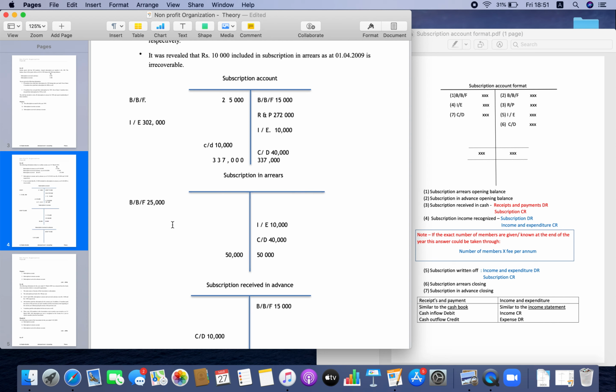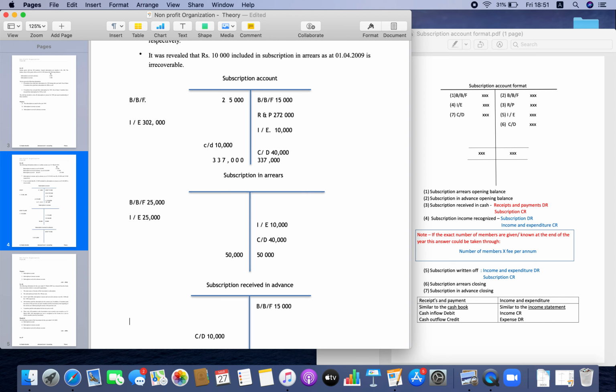From 50,000, when 25,000 goes away, the balance over here will also be 25,000. So that's the missing figure.